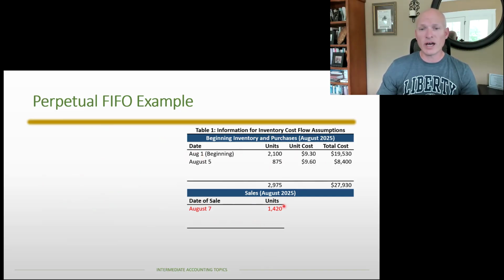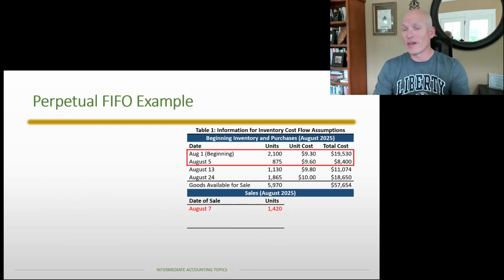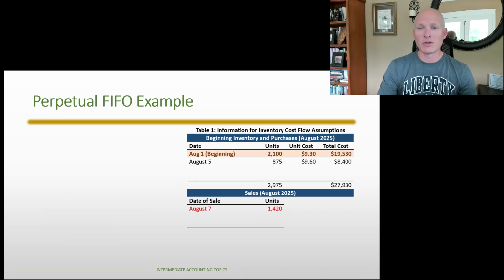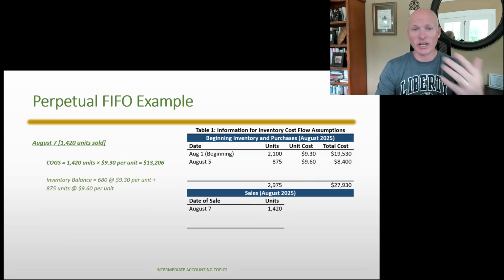And so if we have 1,420 items that are being sold, they can all come out of our August 1st layer. And so our cost of goods sold on August 7th is those 1,420 units times $9.30 for a total of $13,206. Of course, we do have inventory that we're carrying forward.